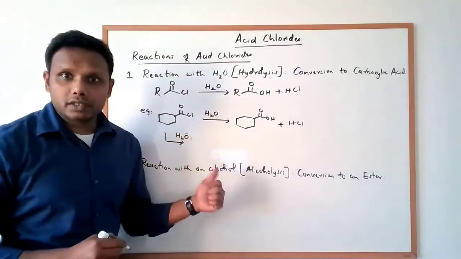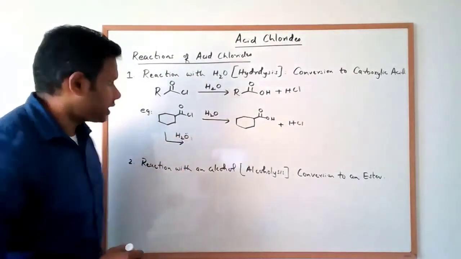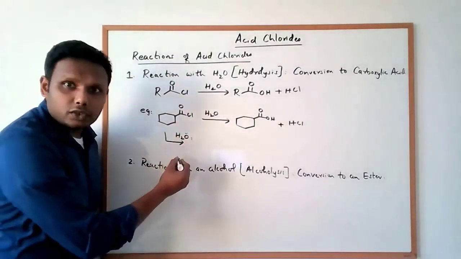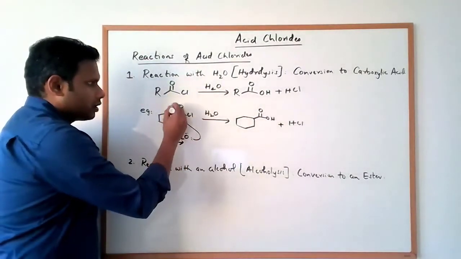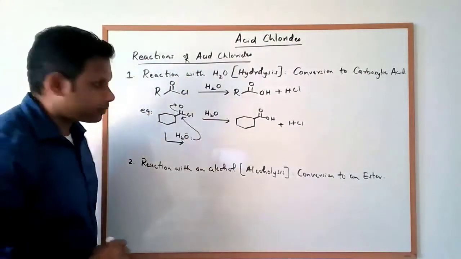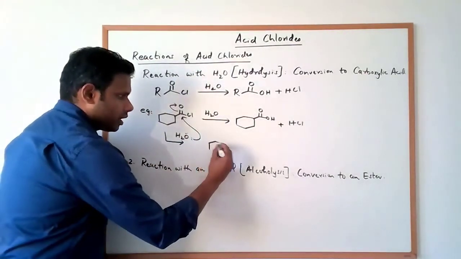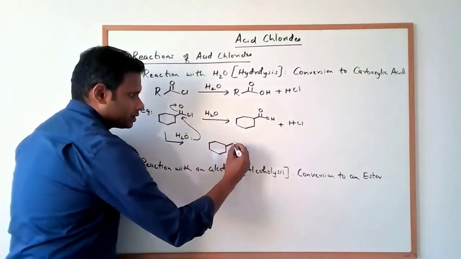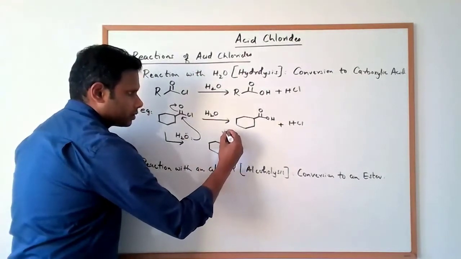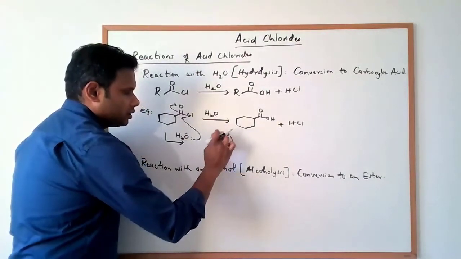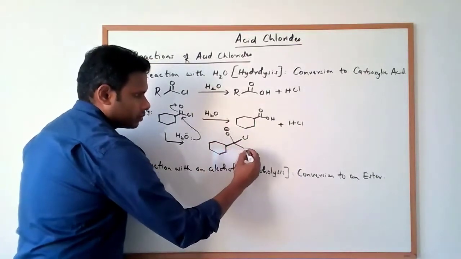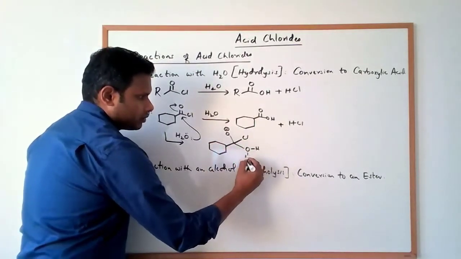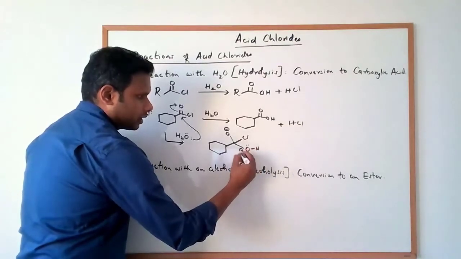Since acid chlorides are very reactive carboxylic acid derivatives, even weak nucleophiles like water can attack the acyl carbon. When that happens, it gives us the tetrahedral intermediate: oxygen with negative charge, chlorine, and the water attached here.